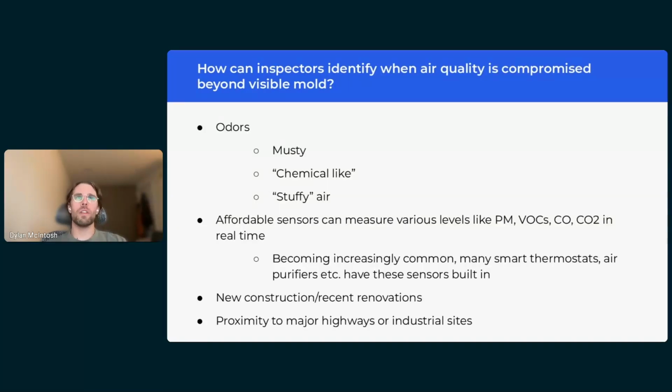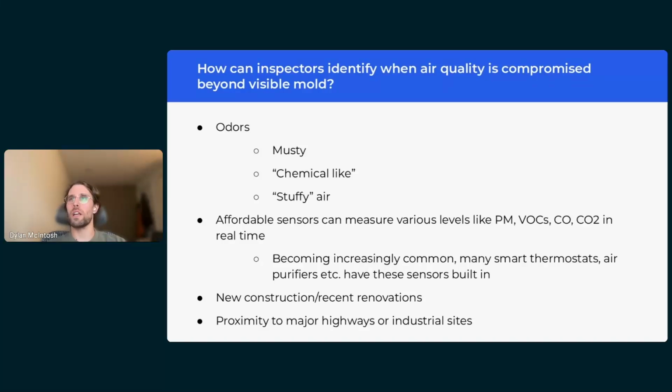So how can you as an inspector identify when an air quality concern might be present? Obviously, if you see visible mold growth or moisture, you may have a mold concern. But what about some of these other things that I just talked about? A big one is odor, and odor is subjective. Some people have very good sense of smell. Some people have very poor sense of smell.